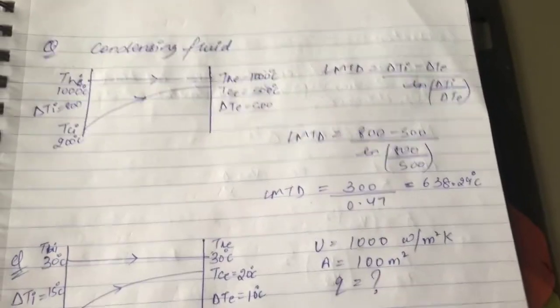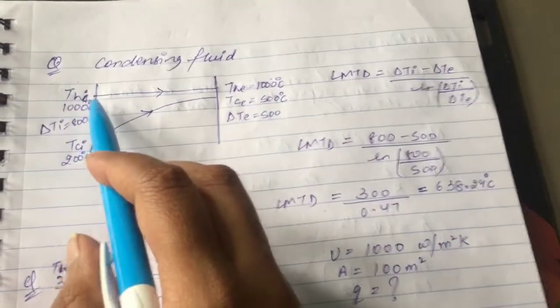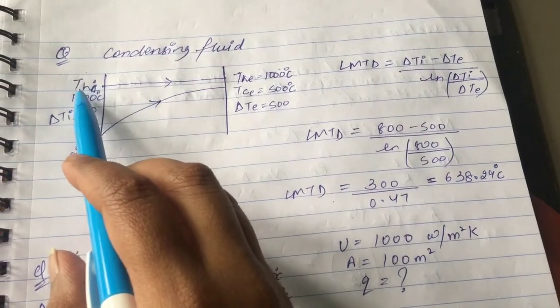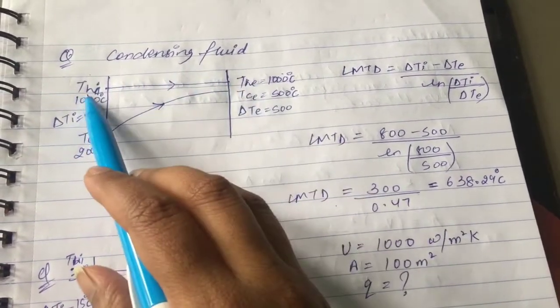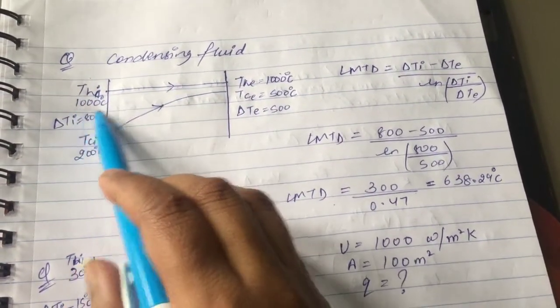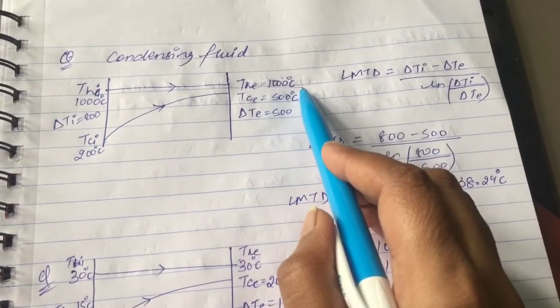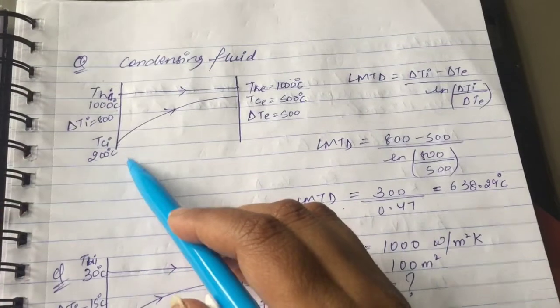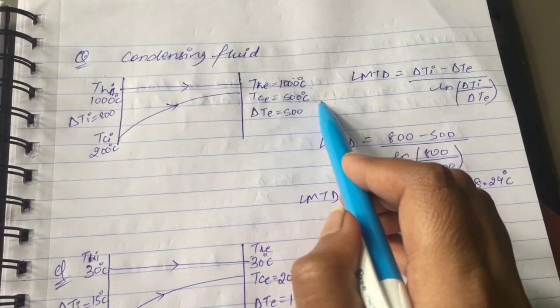Next we have a question for condensing fluid. In condensing fluid, hot fluid inlet and exit temperatures remain constant, like hot fluid is entering at 1000 degrees Celsius and leaving at 1000 degrees Celsius, while cold fluid is entering at 200 degrees Celsius and leaving at 500 degrees Celsius.